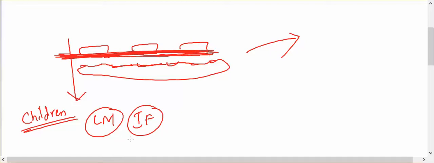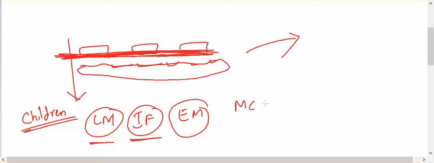Only in electron microscopy can you see the effacement, the loss of podocyte foot processes. Then we call this minimal change disease.